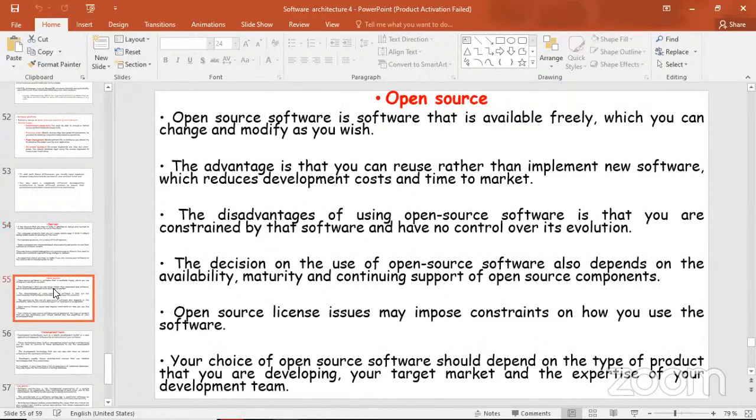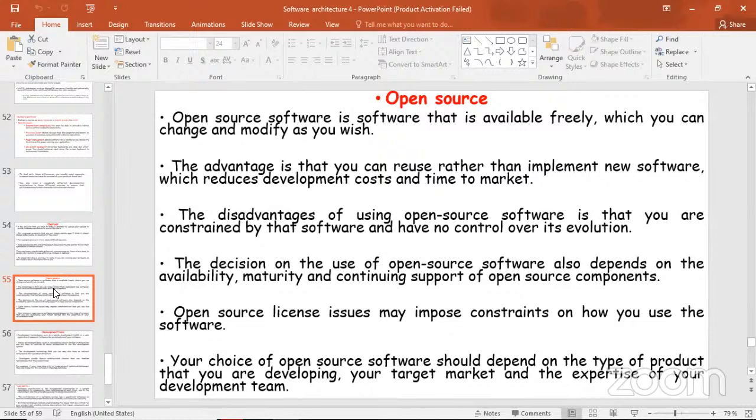Open source software is software that is available freely, which you can change and modify as you wish. The advantage is that you can reuse rather than implement new software, which reduces development cost and time to market. The disadvantage of using open source software is that you are constrained by the software and have no control over its evolution.